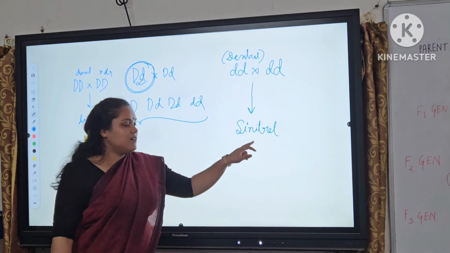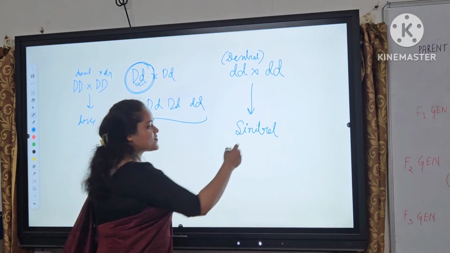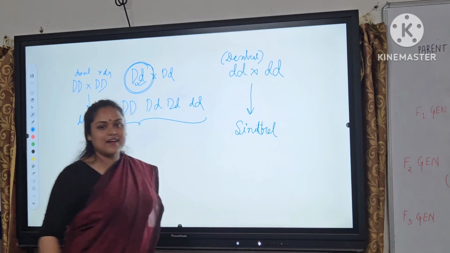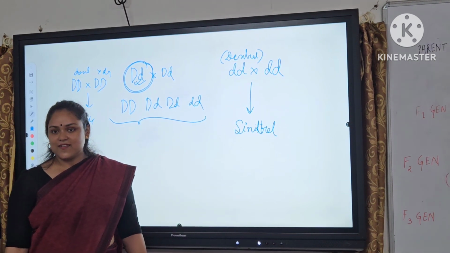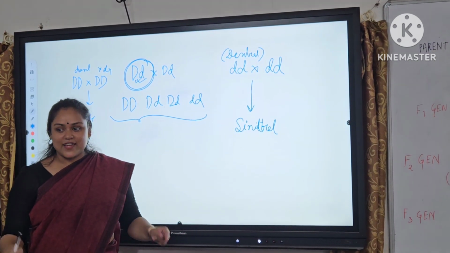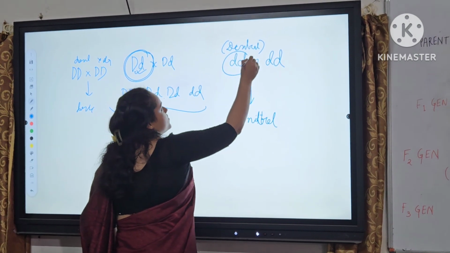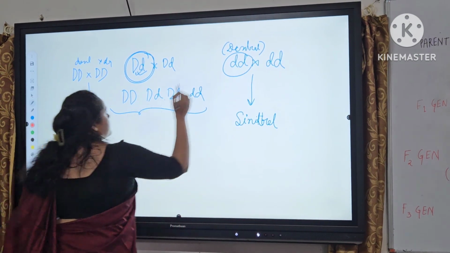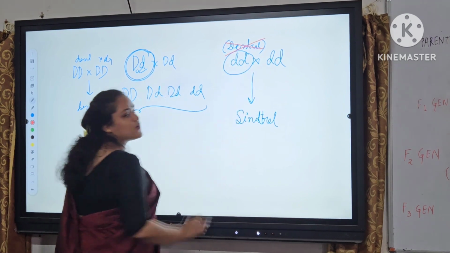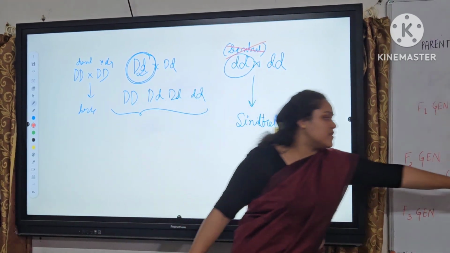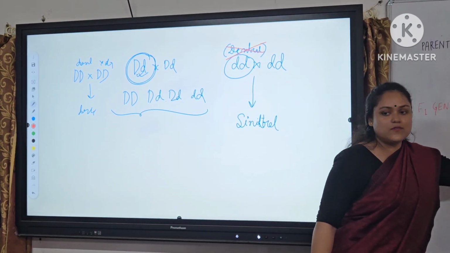Mother is dextral, offspring is sinistral. How? Yes, maternal effect. You know why? Because we have to see the genotype and not the phenotype. The phenotype is dextral because the mother was dextral.